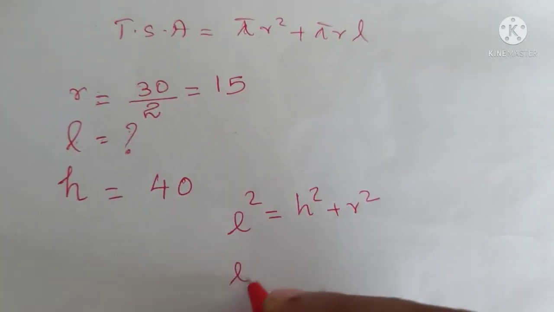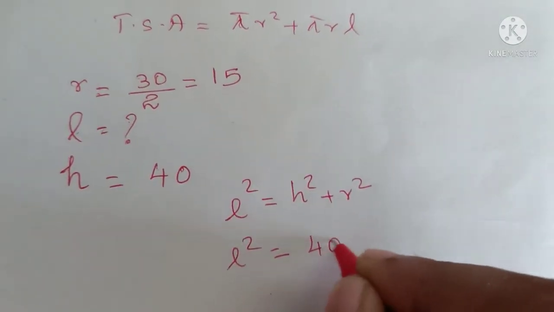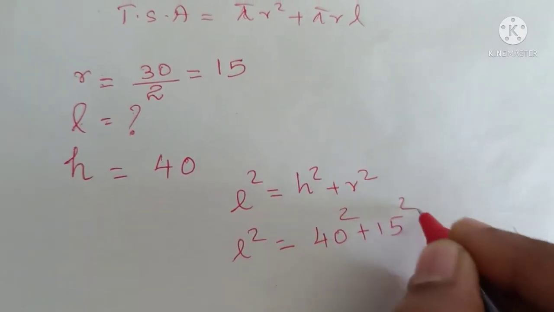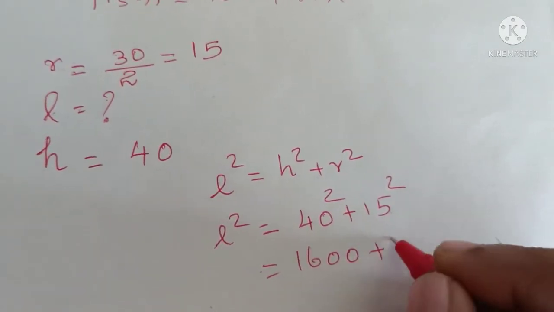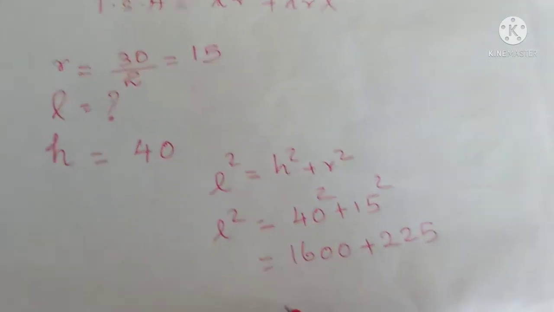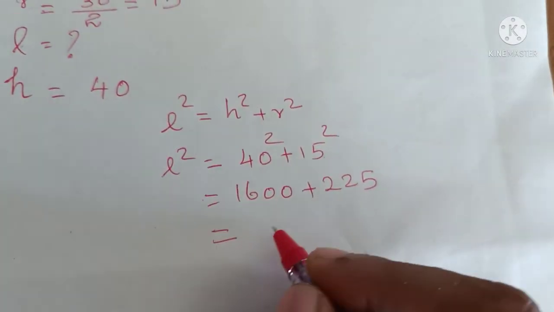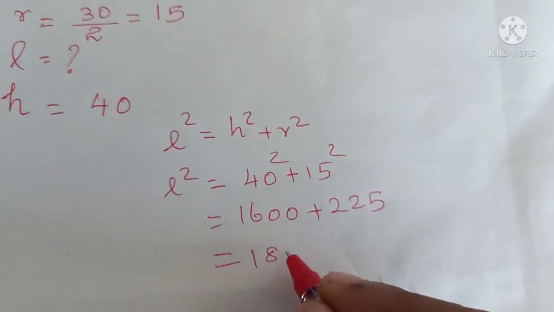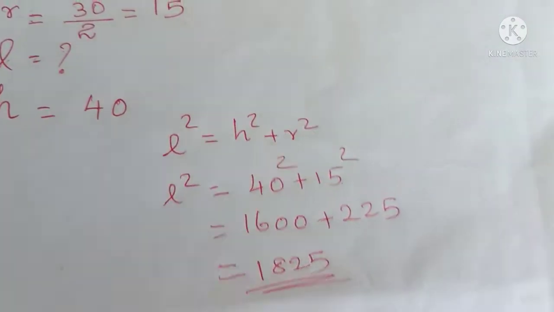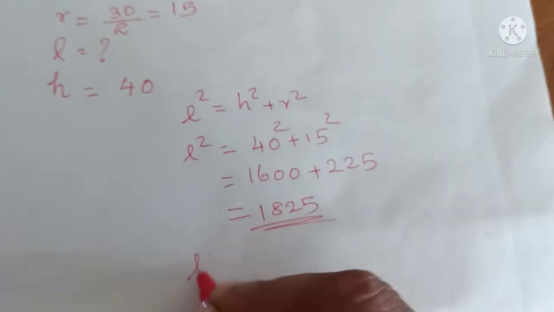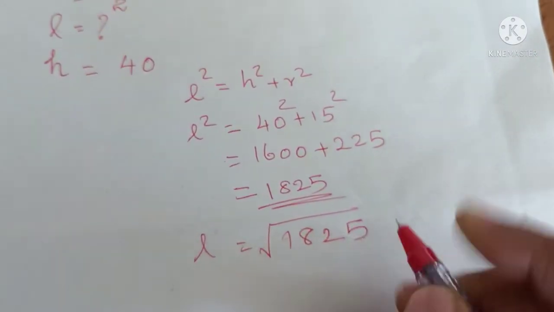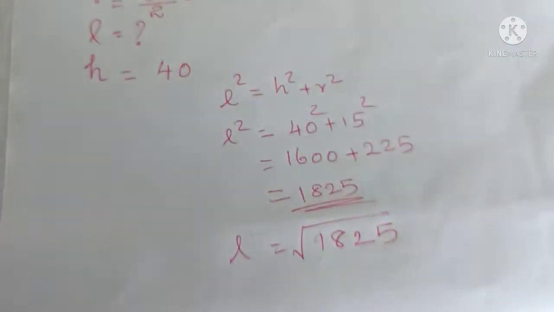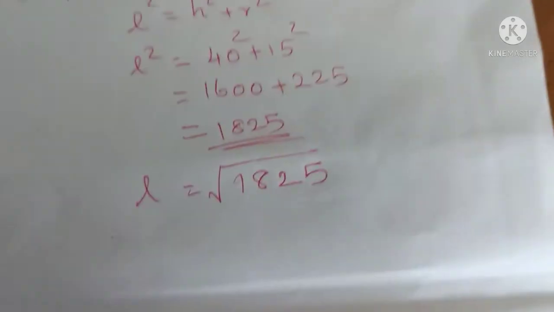That is, l square is equal to 40 square plus 15 square. 40 square is 1600 plus 15 square is 225, so that is 1825. Then l is equal to root of 1825. This is not a perfect square, so we just write it like this.